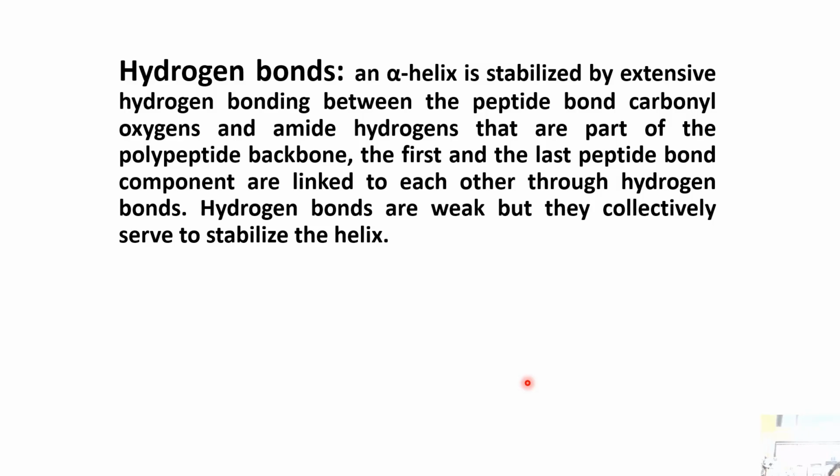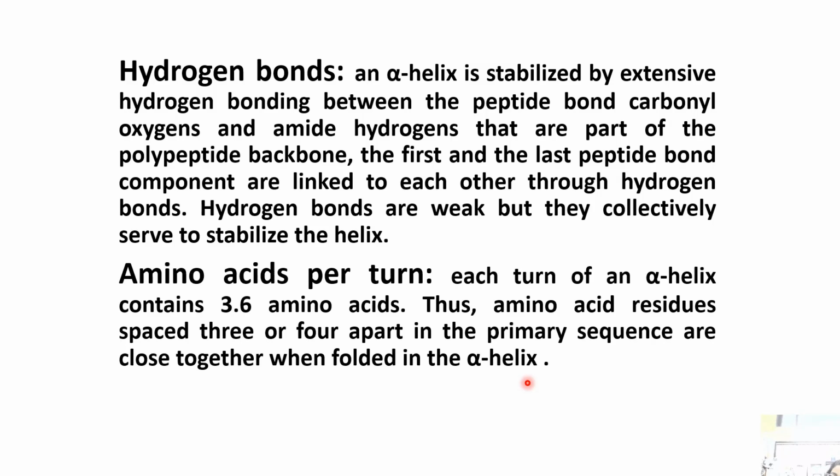Hydrogen bonds are weak, but they collectively serve to stabilize the helix. Amino acids per turn: each turn of an alpha helix contains 3.6 amino acids. Thus, amino acid residues spaced 3 or 4 apart in the primary sequence are close together when folded in the alpha helix, right?